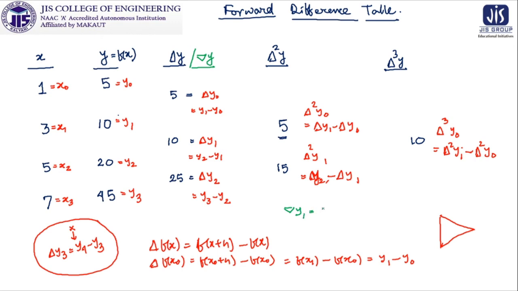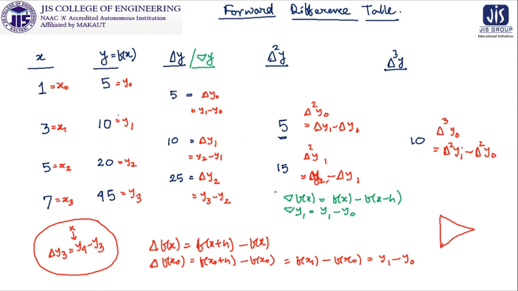For y1, it will give y1 minus y0. You can think about how. Already it was discussed in the previous class. If you recall, backward del of f(x) is equal to f(x) minus f(x minus h). So if you put x equal to x1, it will be del of y1 is equal to f(x1), that is y1, minus f(x1 minus h), that is y0.